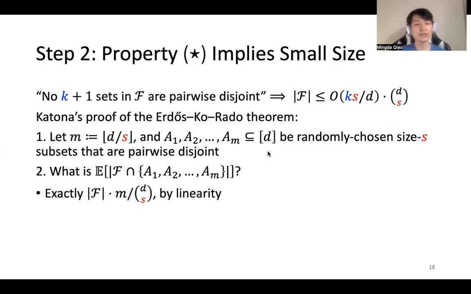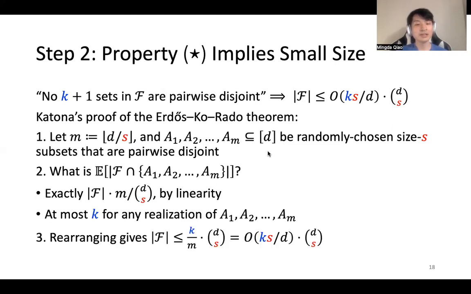This is because for every set in F, it coincides with some AI with probability 1 over D choose S. On the other hand, this expectation must be at most K, because for any realization of A1 through AM, F can contain at most K sets in them, because otherwise we would find K+1 sets in F that are pairwise disjoint, which contradicts property star. So combining these two facts and doing some rearranging gives the desired upper bound on the size of F.